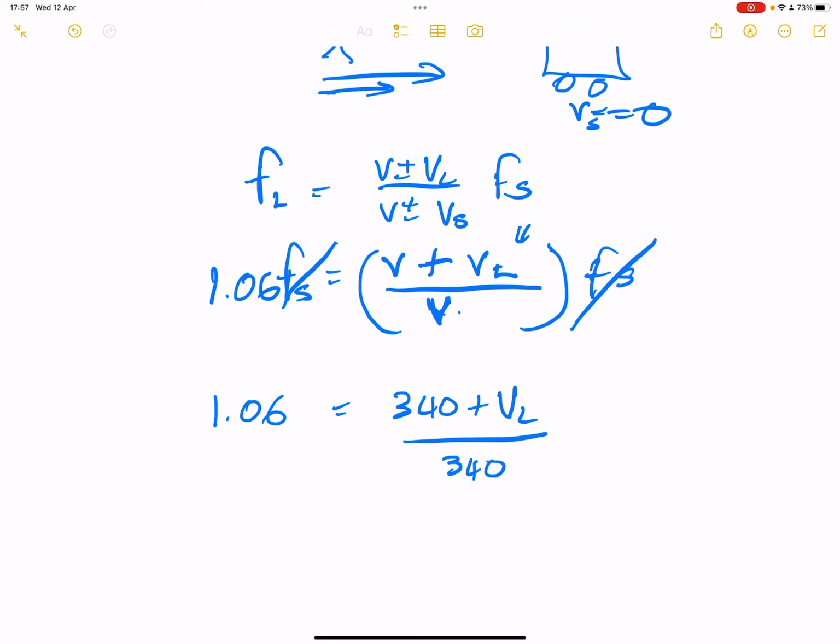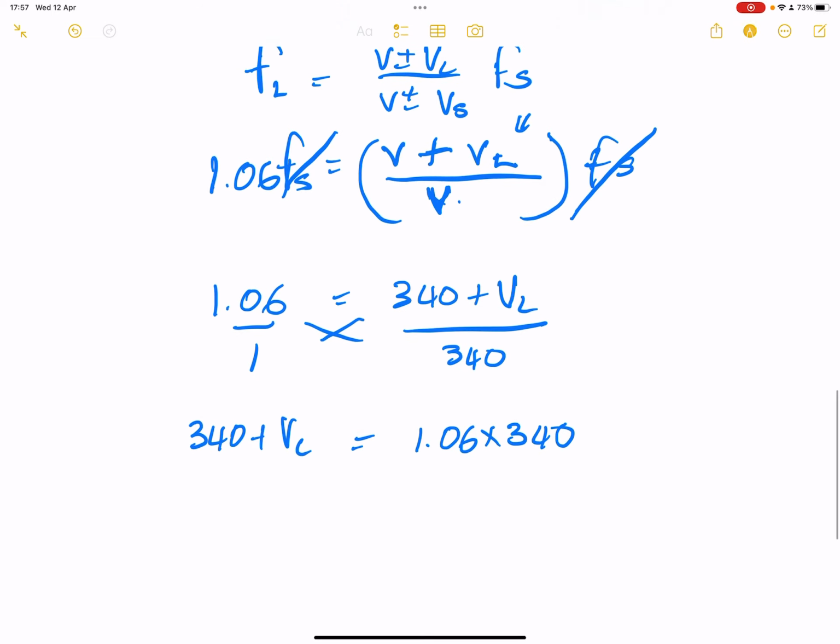So we can have some mathematical gymnastics there. That's over 1. If we cross multiply, we're going to have 340 plus VL is equal to 1.06 times 340.